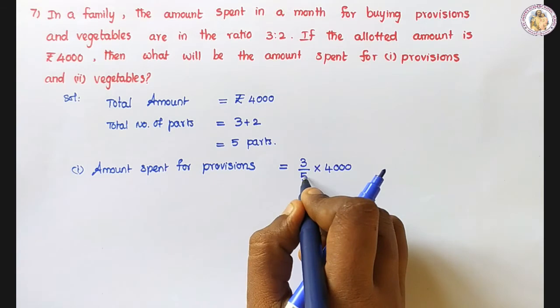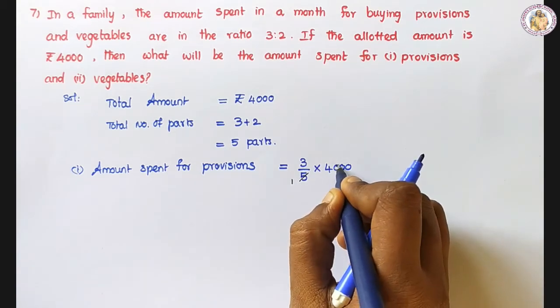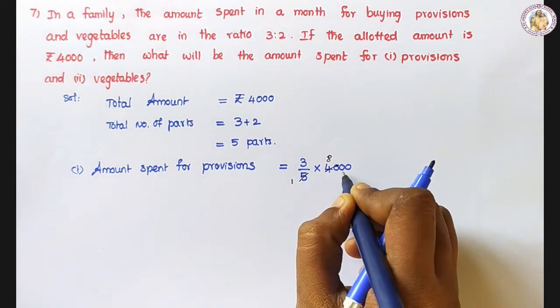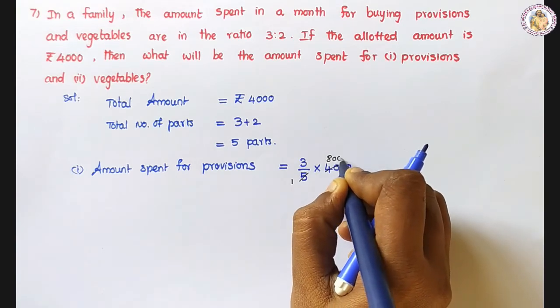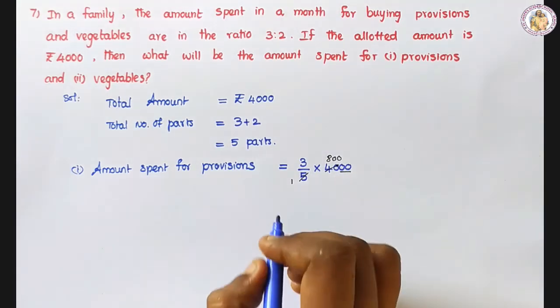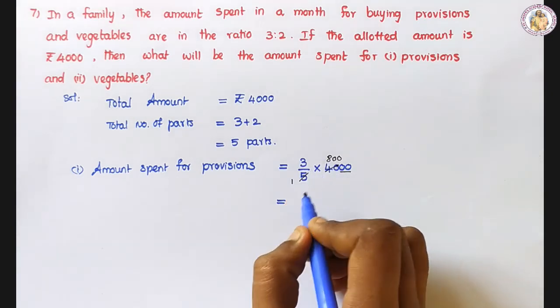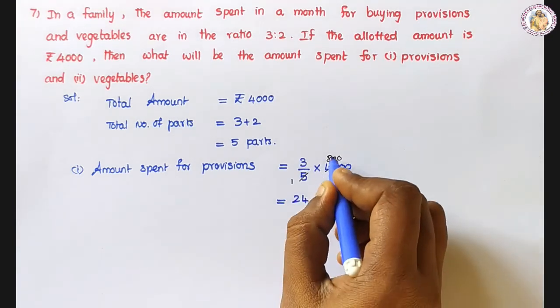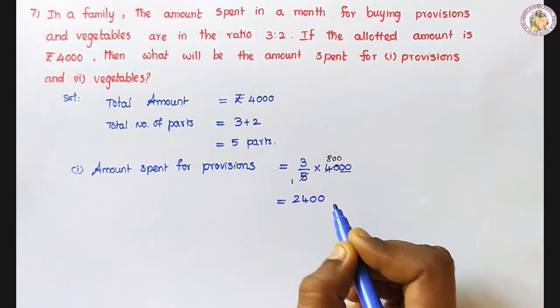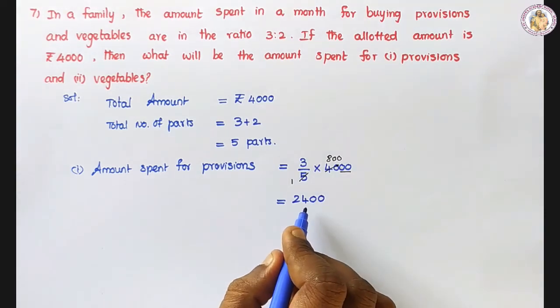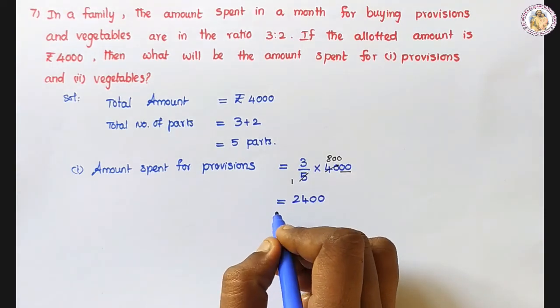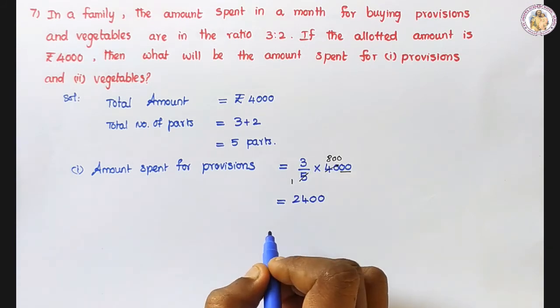Now the cancellation, 5 1 is 5, 8 5s are 40, put 2 zeros. Multiply the remaining numbers, 3 8s are 24 and 2 zeros. So totally 2,400 rupees. That is for provisions.